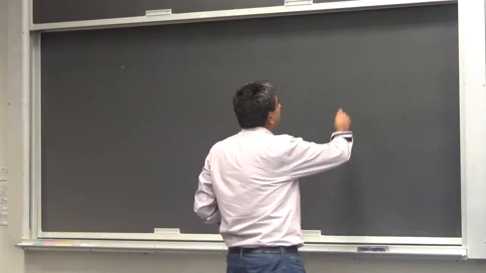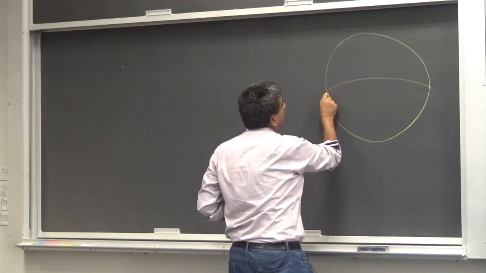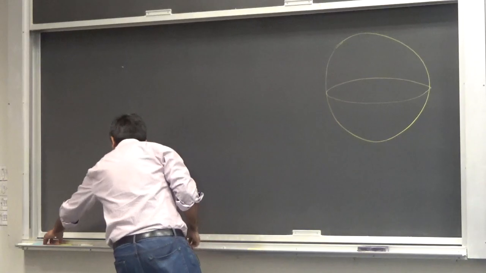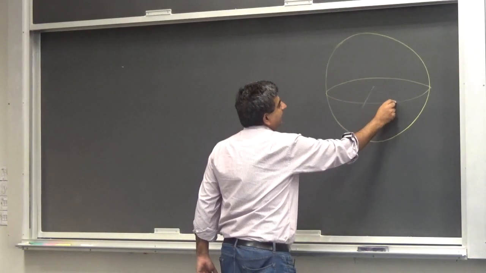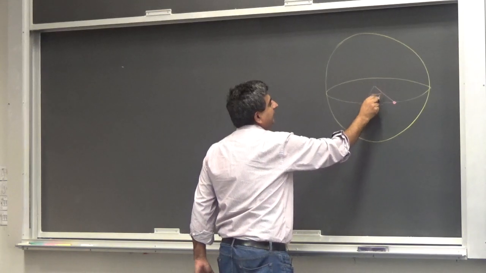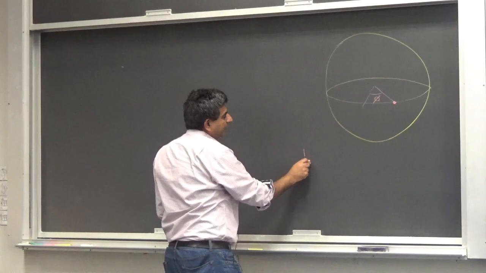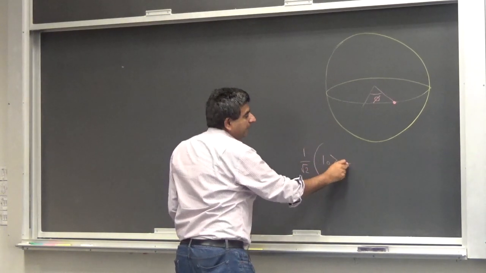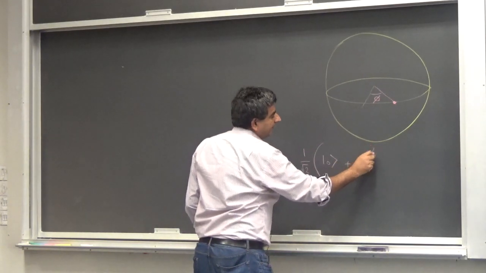So if I look at a single Bloch sphere and I focus just on the equatorial plane and look at a point here, some angle phi, then all of these points are going to be represented by 1 over root 2 (ket 0 plus e^(i phi) ket 1).